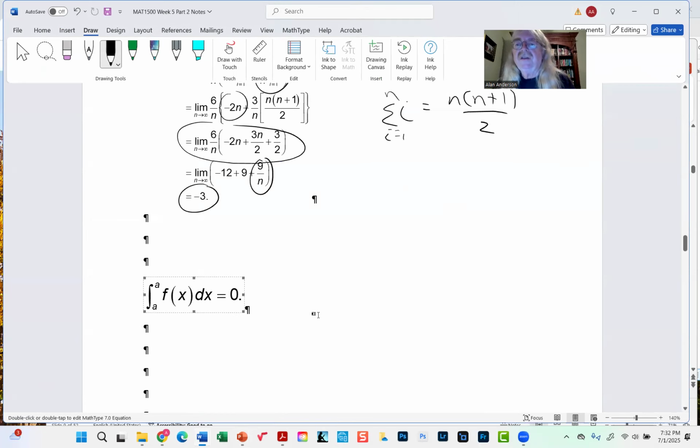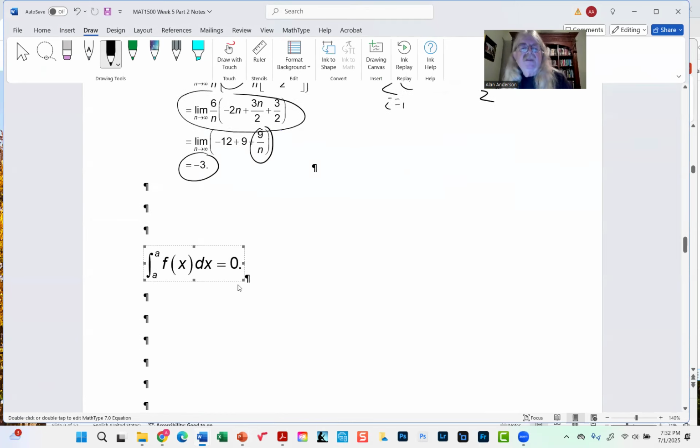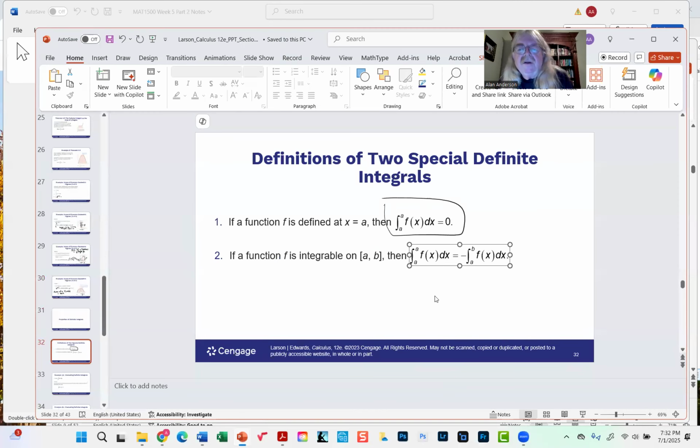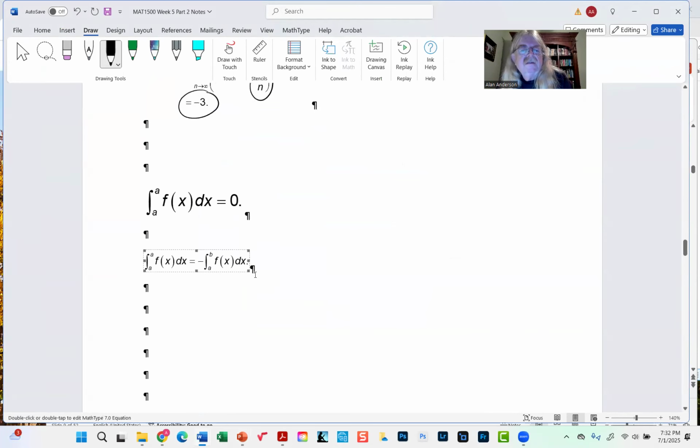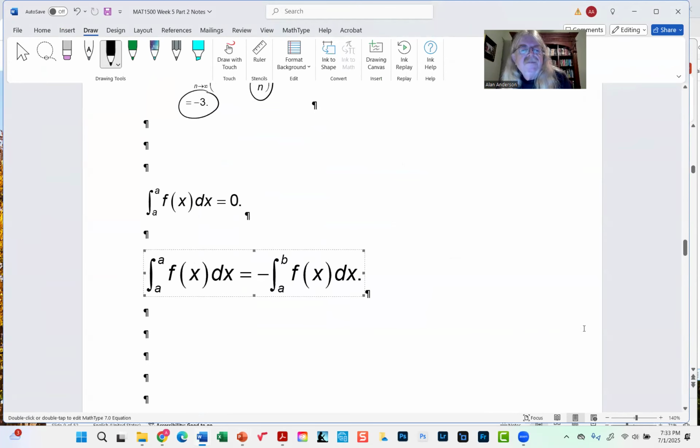So that's why the whole area has to be 0. Now this is an interesting result, although it looks like there's a typo here. It should be B to A. So in other words, when you reverse the limits of integration, you have to multiply by -1.